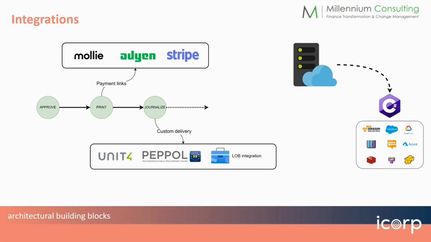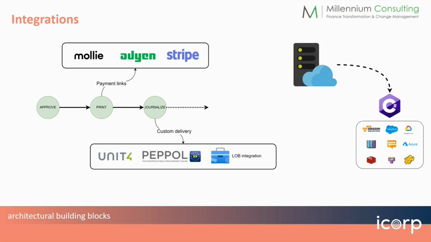Then let's talk about some integrations. As I said, the billing solution is really a framework that helps you model your complex billing process. And being a framework, it also means that we open up for several kinds of integrations. We do not try to force you within a specific framework. No, we try to open up the framework so we have possibilities to place those integrations at key stages taking place in your process.